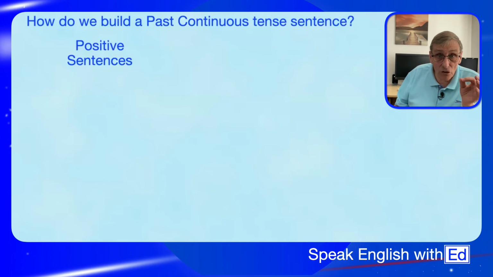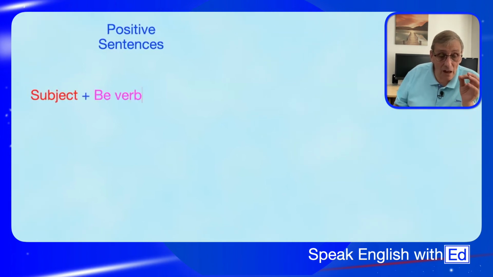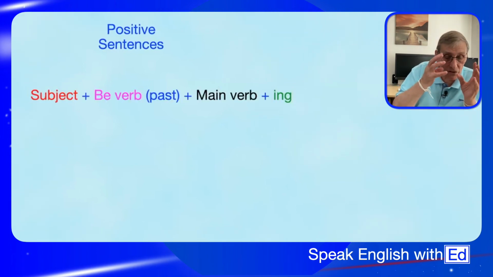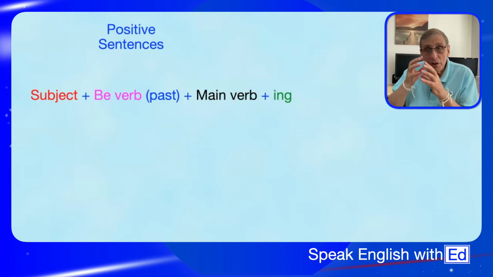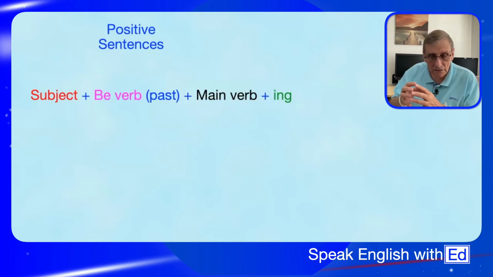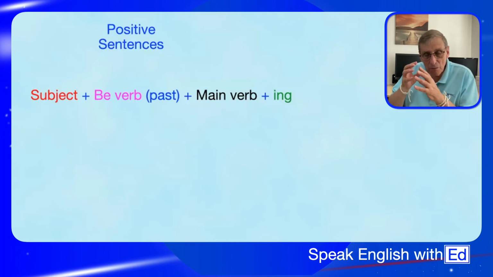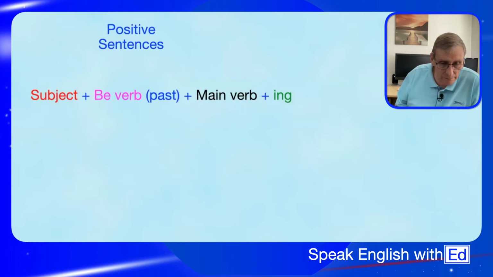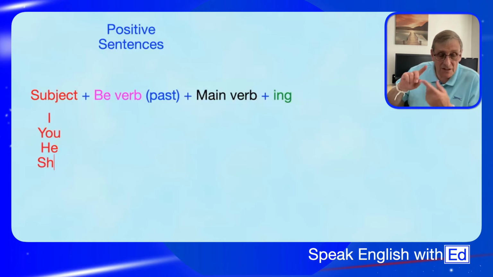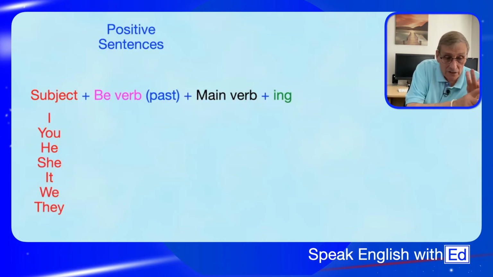Well, first of all, we need to put the subject, we need to put the be verb in its past form with the main verb plus ing. Okay, the subject, the be verb, and the main verb plus ing. So the subject is I, you, he, she, it, we, and they.